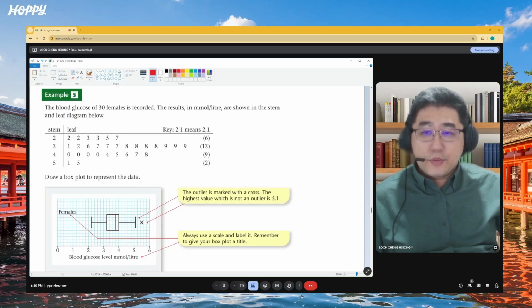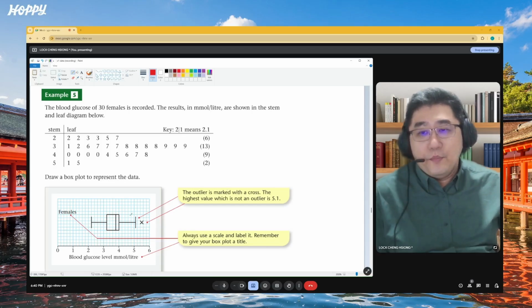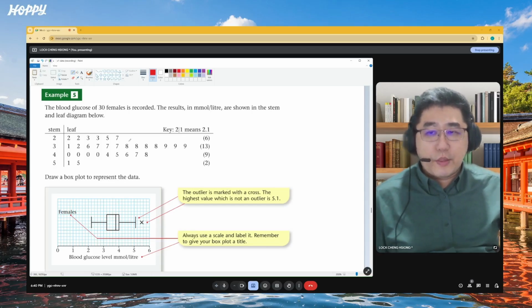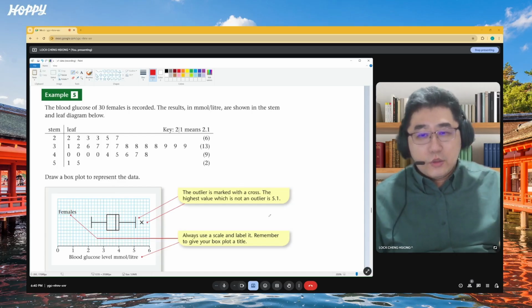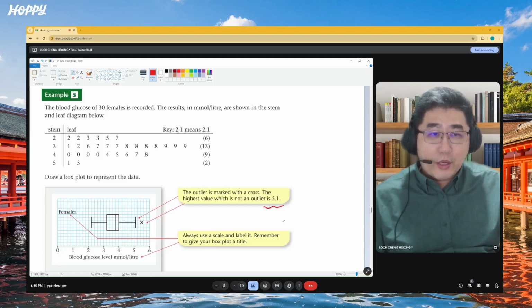This example is just to tell you how to interchange between the data. The questions may give you the stem and leaf information, then they may ask you to convert it into a box plot. The outlier here is determined after we calculate the upper fence and the lower fence.